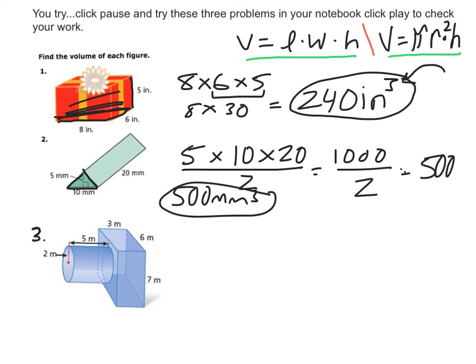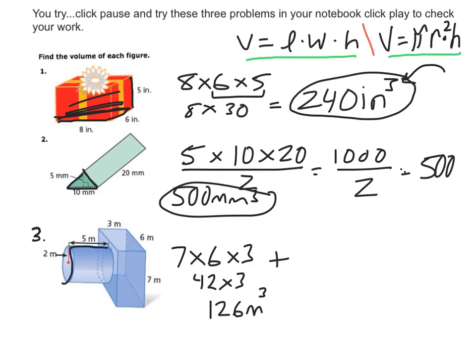Now the composite figure. We're going to put 2 formulas together and add what we get. So to find the volume of the rectangular prism, I'd multiply 7 times 6 times 3. 7 times 6 is 42, times 3 would be 120 plus 6 would be 126 cubic meters for the volume of the prism part of this.